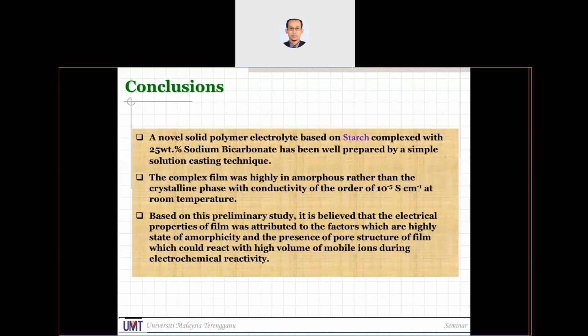Its high electrical conductivity was believed to be attributed to two main factors. The first one is the high amorphicity of the material, and the second one is the contribution from the high volume of mobile ions during electrochemical reactivity.